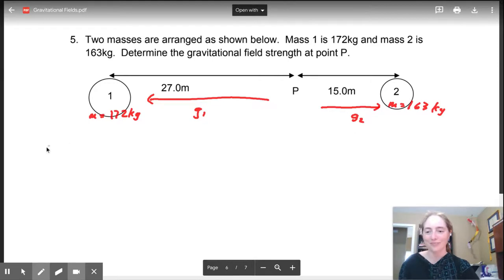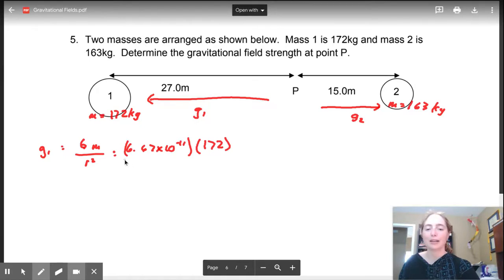Okay. So, ladies and gentlemen, we're going to calculate G1. So, recall our equation, Gm over r squared is now going to equal 6.67 times 10 to the power of negative 11, and multiply by our mass of 172 kilograms, divide by our radius of 27 squared.